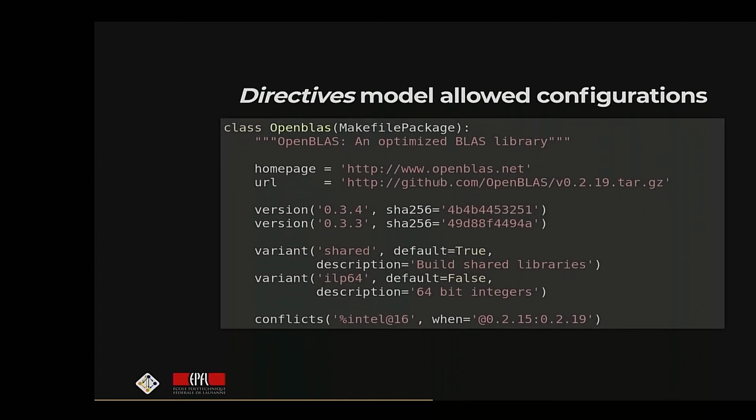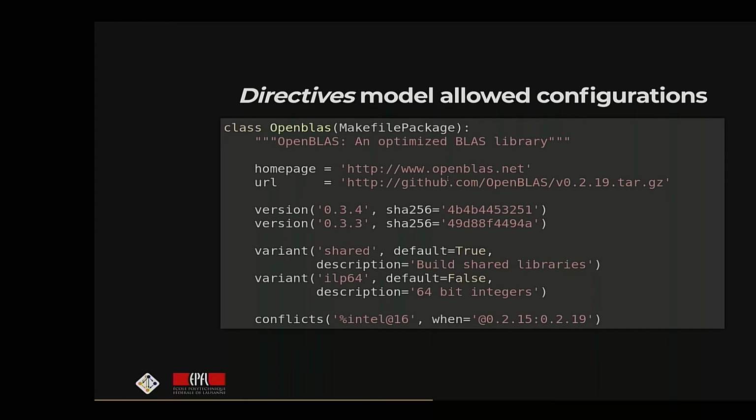The other part is on the packager side. When you write a package, you will use directives to model allowed configurations, and those directives build up the combinatorial space, let's say, in a product way.